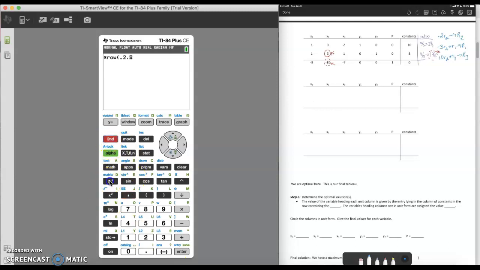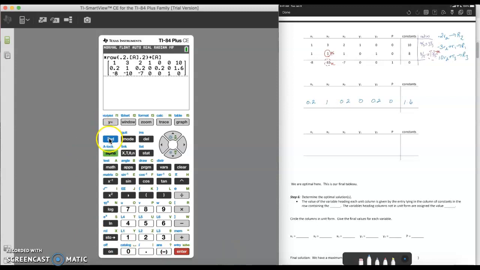We're doing that in matrix A, and we are doing this to change row 2. And then make sure again that you always store that second matrix A again. Okay, so I'm going to copy down my new row 2. I have 0.2, 1, 0.2, 0, 0.2, 0, and 1.6.